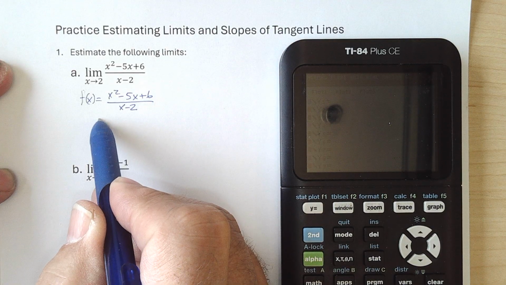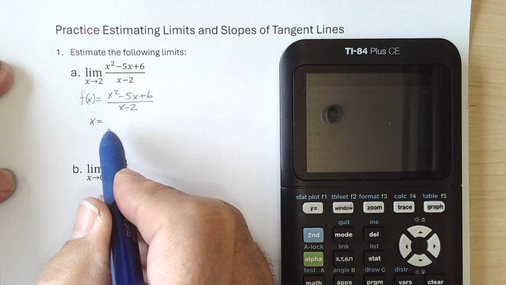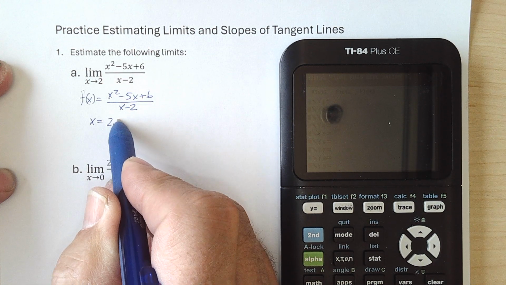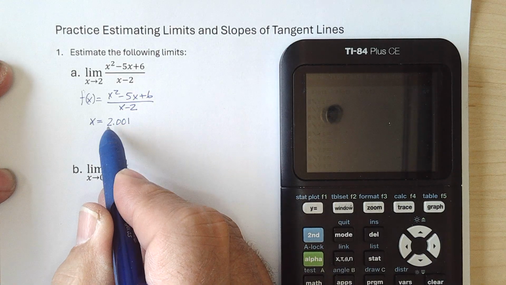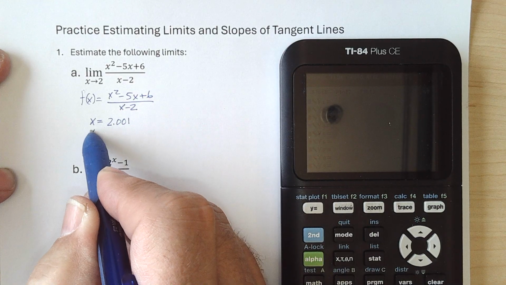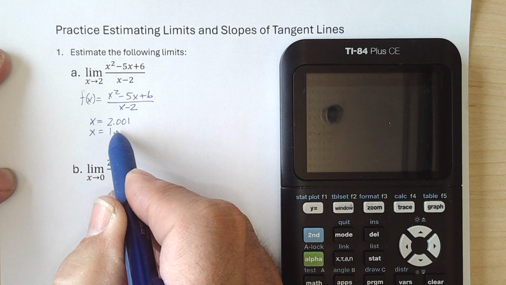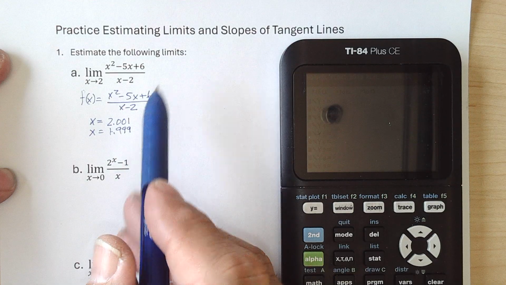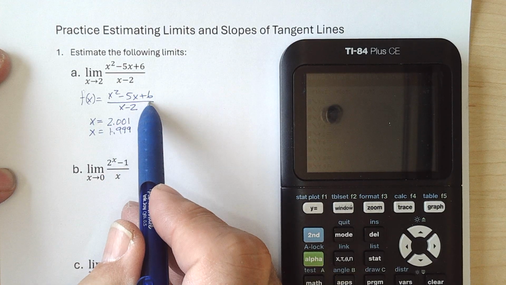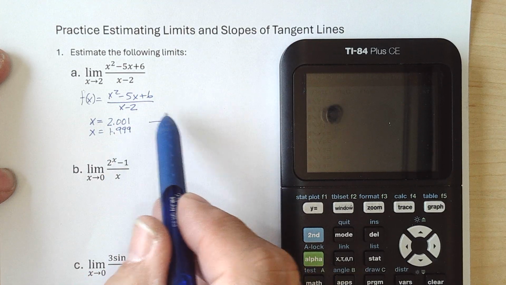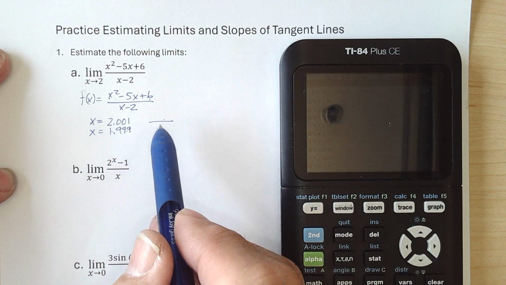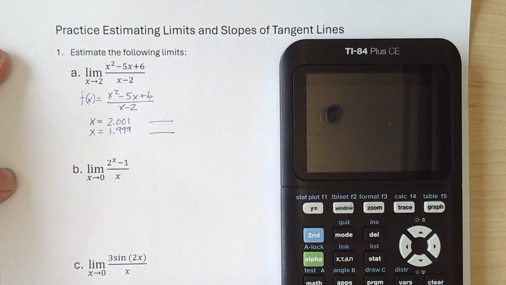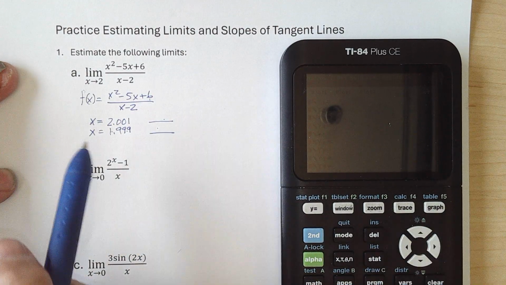I would say x equals 2.001. That's just a little bit bigger than 2. I'd let x equal 1.999. That's a little bit less than 2. And this should give me an answer for what that is, and I would pick something in between them that's pretty close to what this gets to.